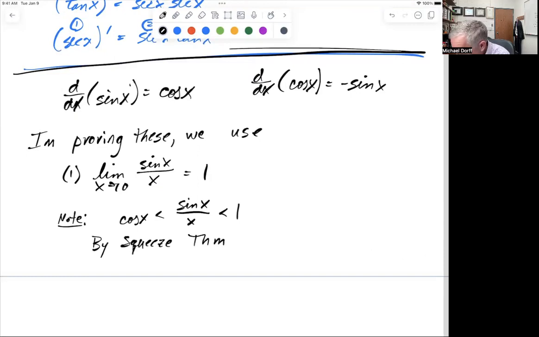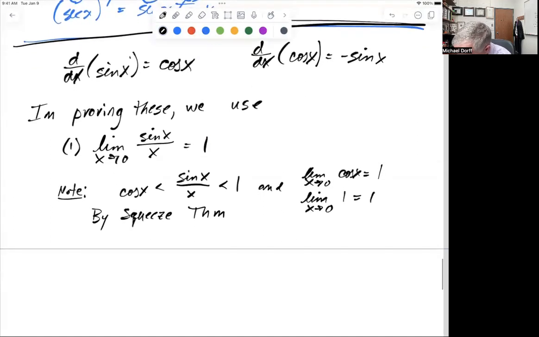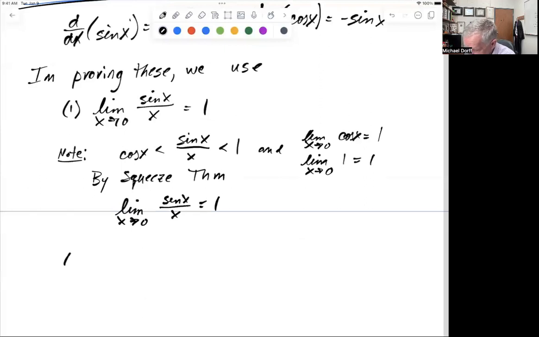We also know that the limit as x goes to 0 of cosine x is 1, and the limit as x goes to 0 of 1 is 1 because there's no x's there. So by the squeeze theorem, the limit as x goes to 0 of sine x over x is 1. Okay, so that's how you could show that one.